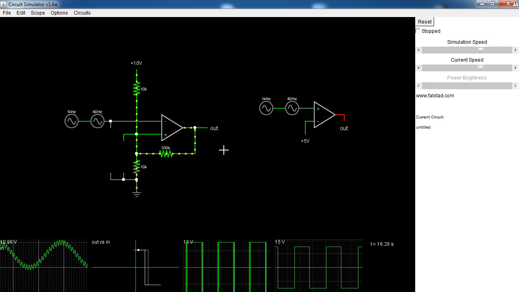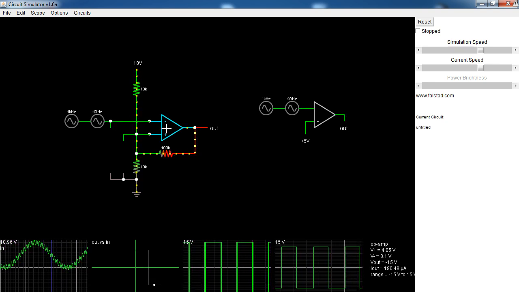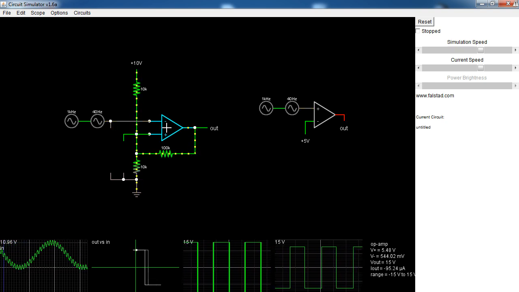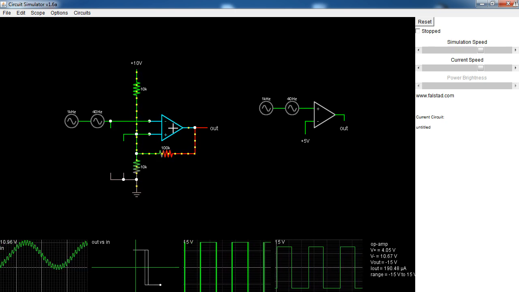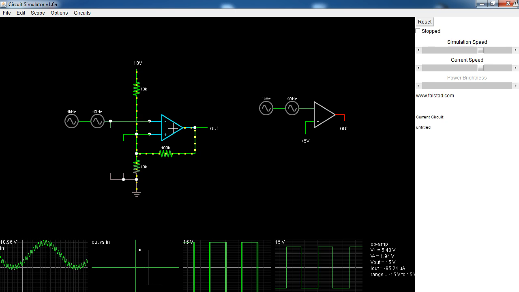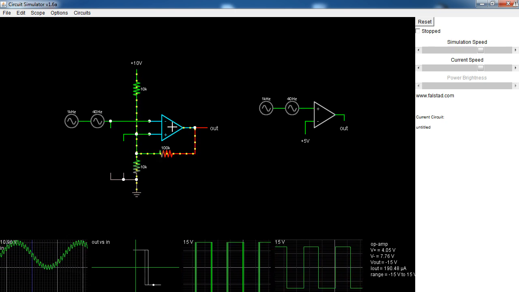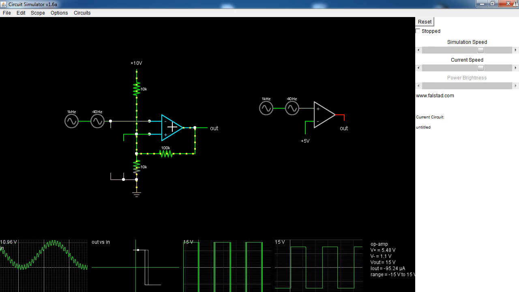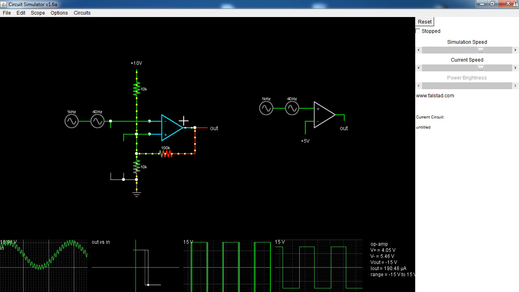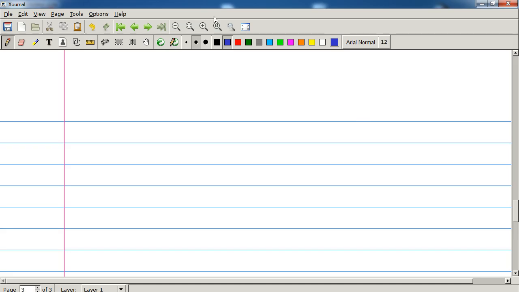The biggest thing it assumes is that this is a rail-to-rail op-amp, or a rail-to-rail comparator, meaning that the output goes all the way to the positive voltage and all the way to the negative voltage, and the swing from both directions is the same. So the distance from 15 volts to ground is the same as negative 15 volts to ground.